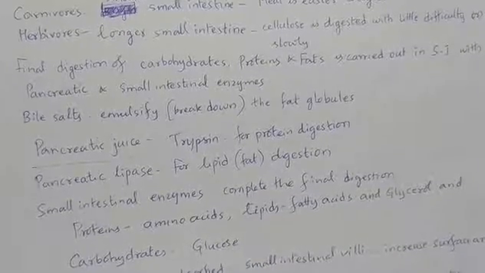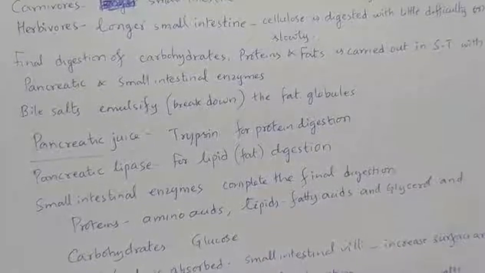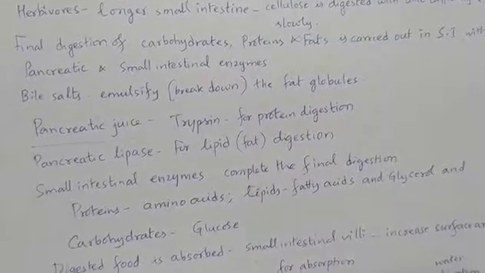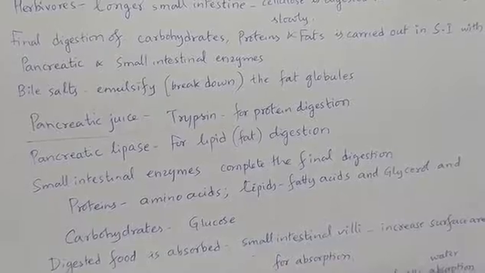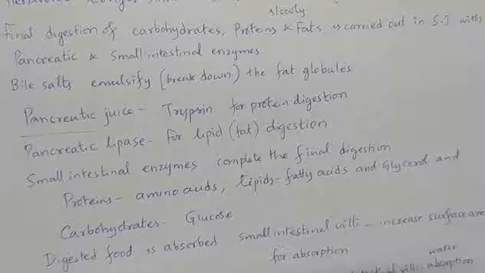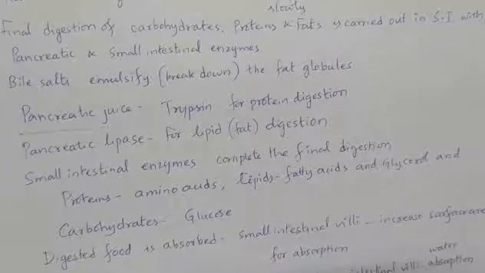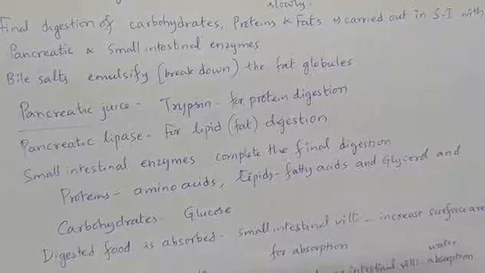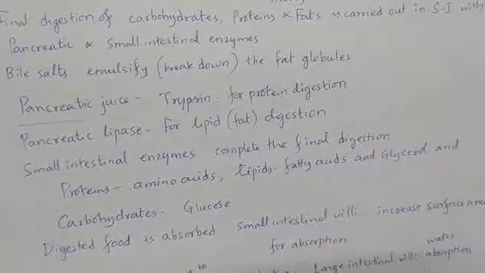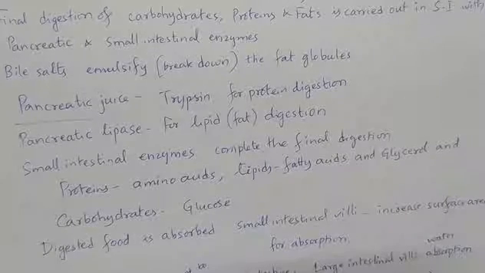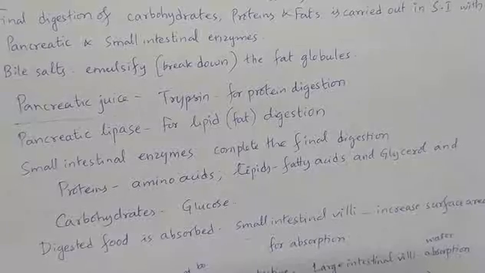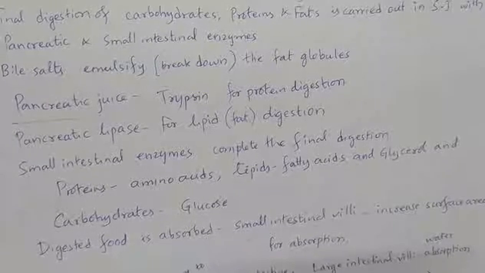The final digestion of carbohydrates, proteins, and fats is carried out in the small intestine with the help of pancreatic and small intestinal enzymes. The food that enters from the stomach into the small intestine is in acidic medium, whereas the pancreatic and small intestinal enzymes can digest the food only in basic medium.